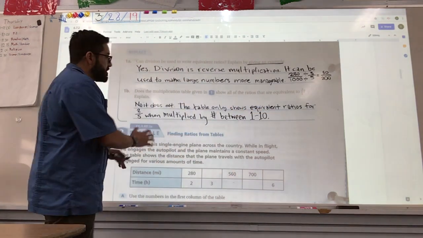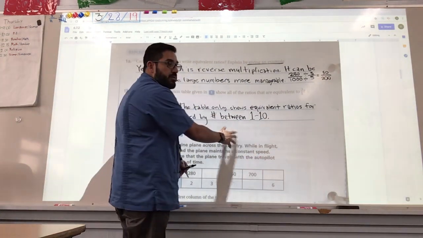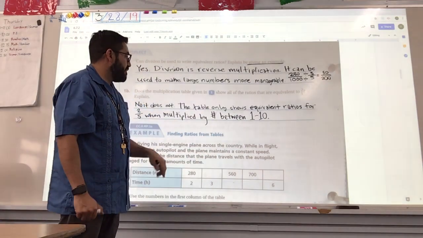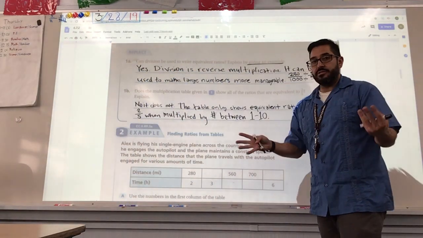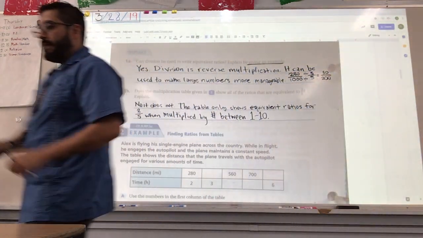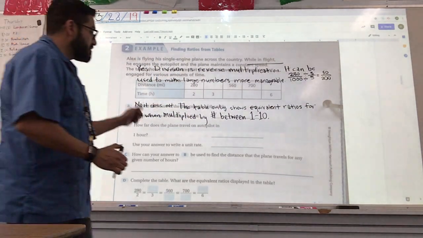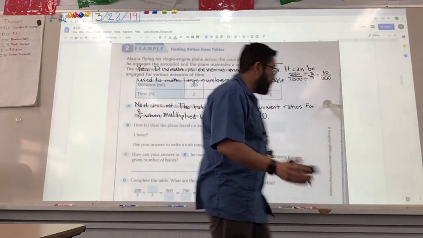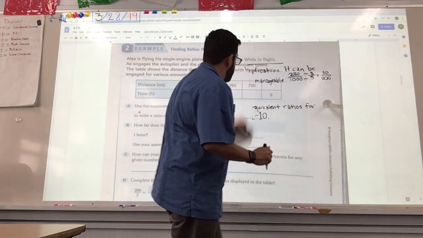Okay, so that chart only shows us equivalent ratios for 2/5 of whole numbers that can be multiplied by 10. It doesn't show us 11, 12, 13, 20, half. It doesn't show us any of that. It only shows us 1 through 10. If you need more time to copy that down, please pause the video and do that. You might have to rewind at this point.